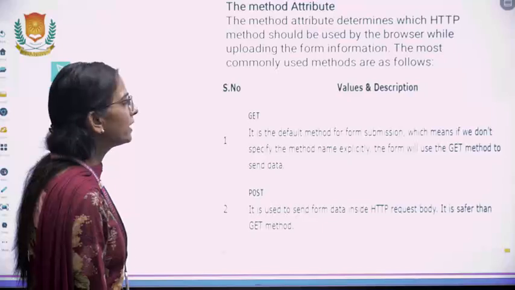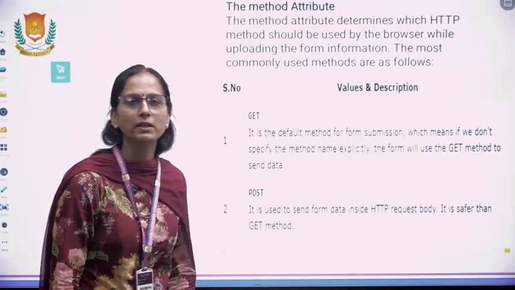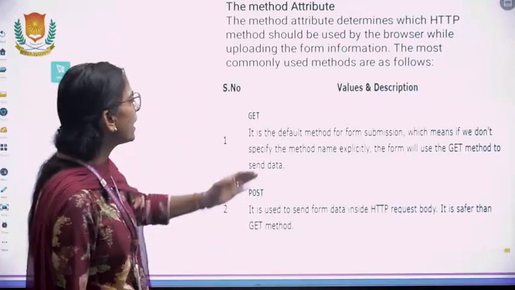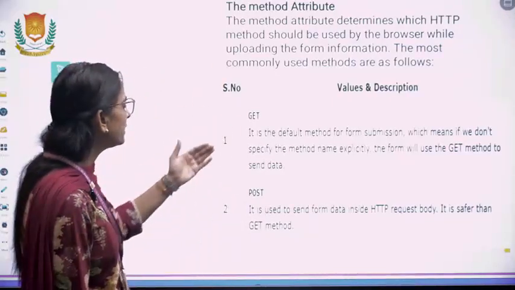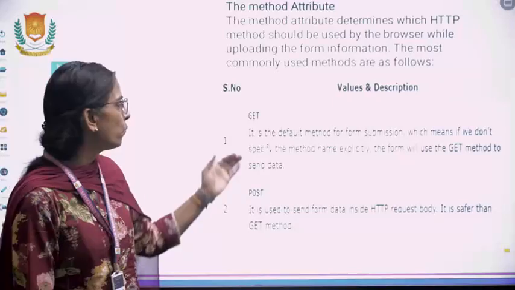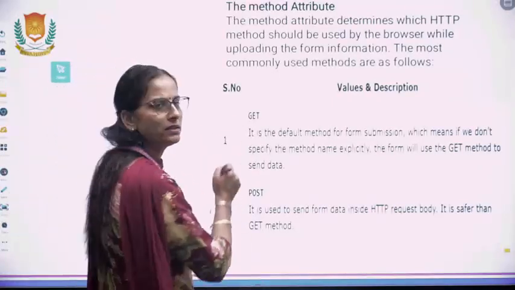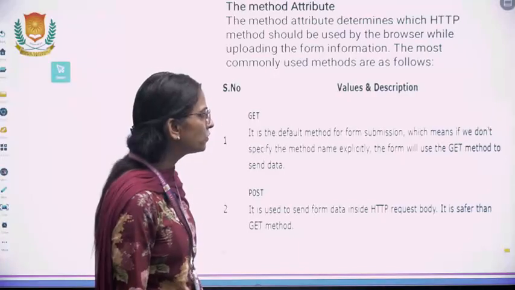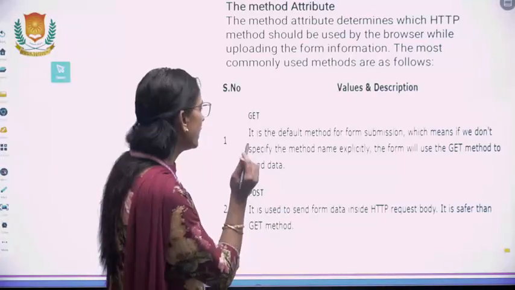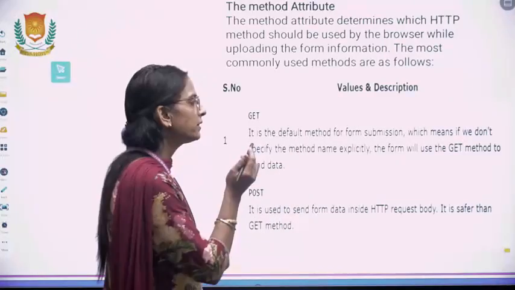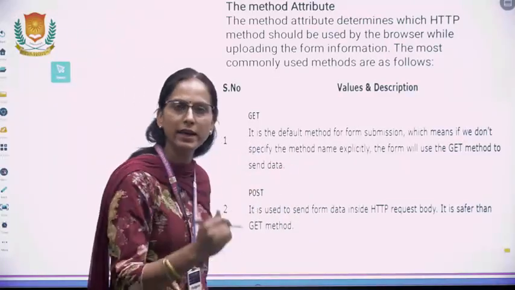Then what is another attribute, the method attribute. What does the method attribute mean? The method attribute will show you the get and post values. What do get and post mean? Get is the default method for the submission of the data, which means if we don't specify the method explicitly, then it will be taken as the get method.